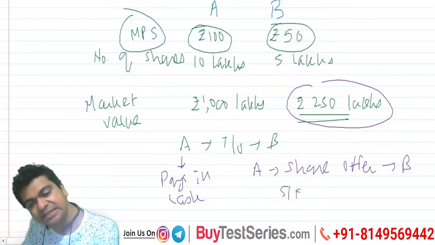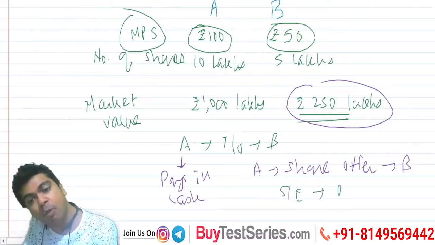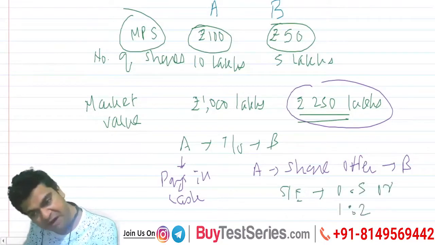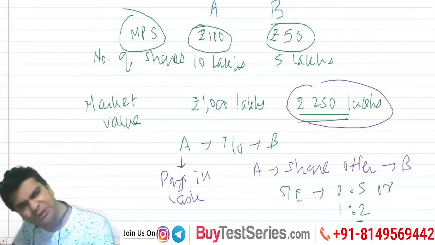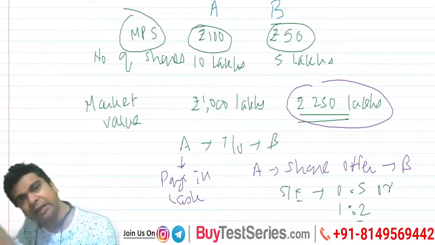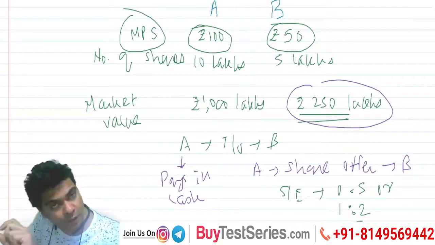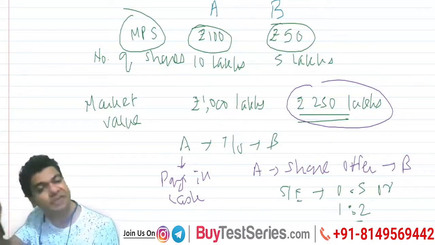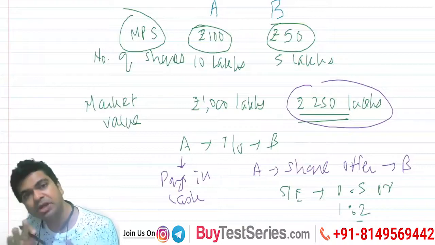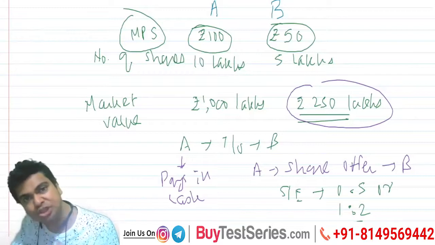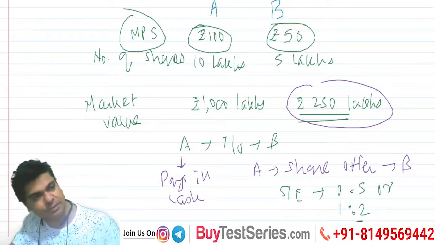So we are suggesting a share exchange ratio of 0.5, or I can say the share exchange ratio is 1:2. 1:2, 1 by 2, 0.5, they all mean one and the same. 1:2 share exchange ratio means for every 2 shares which are there in the selling company, purchasing company will issue its 1 share. And that is how a share exchange will take place.